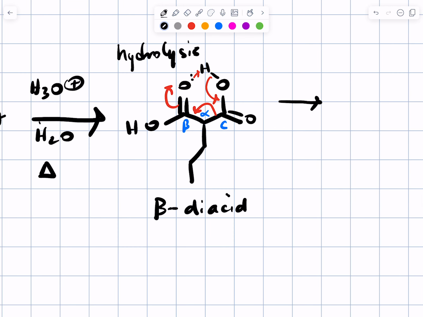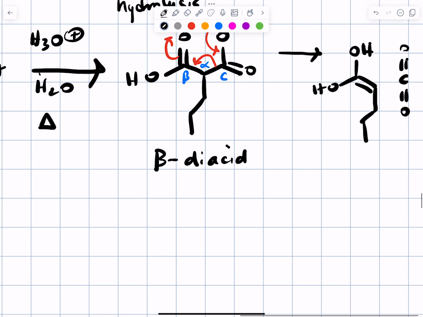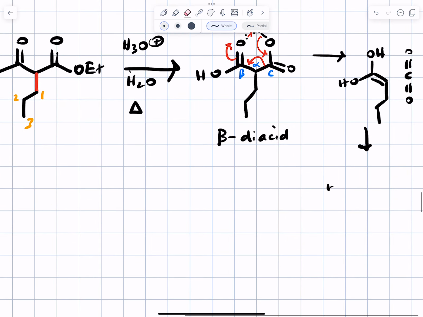I'll draw for you the sort of enol product. There's the CO2 that leaves. And then after tautomerization, you go from this enol form to the acid form that looks like this.